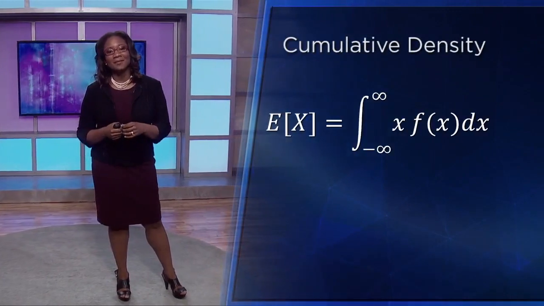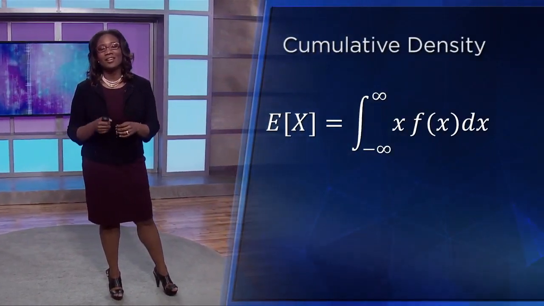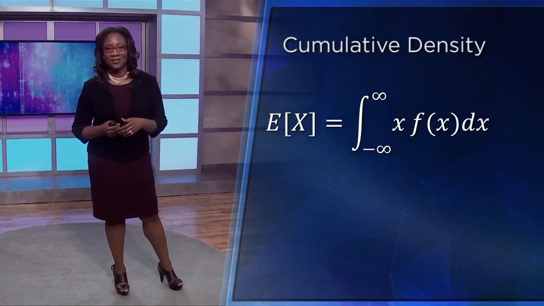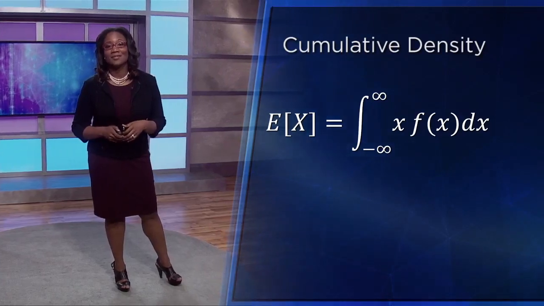The expected value looks similar to the discrete case, except now instead of multiplying x times p of x and summing those, we're going to integrate over that product. So for the expected value, we get x times f of x dx, and we integrate that over all possible values from minus infinity to infinity.